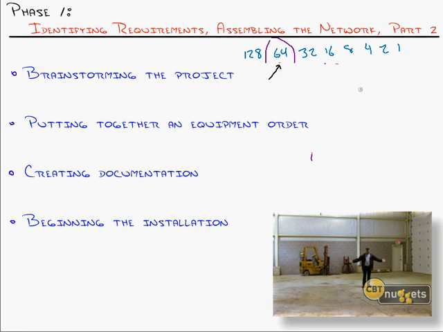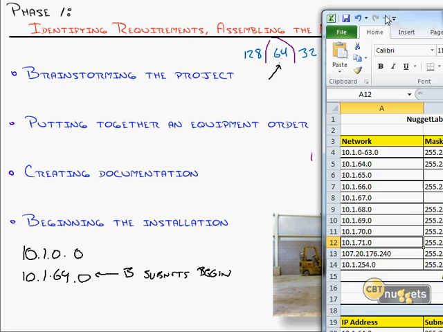You remember I used a 64 increment for the corporate office. That was going to be 10.1.0.0. Next increment, if I'm adding 64, 10.1.64. This is what I did earlier. So this is where the branch subnets begin. Right? So branch subnets begin at 64.